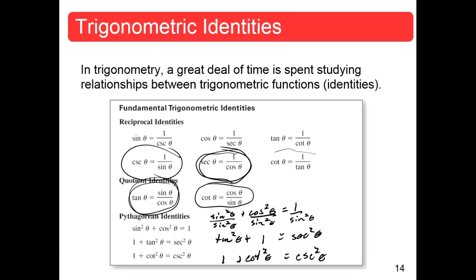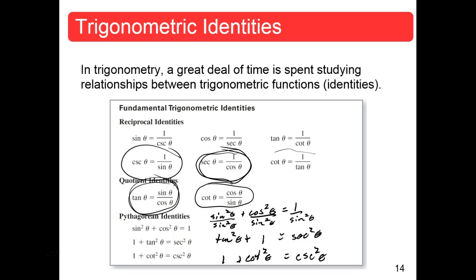You can rewrite this by subtracting 1 from both sides. You get tangent squared is secant squared minus 1, or cotangent squared is cosecant squared minus 1. You can even do weird things like this: secant squared minus tangent squared is 1, and cosecant squared minus cotangent squared is 1. There's so many ways you can write these 3 identities, whatever helps you.